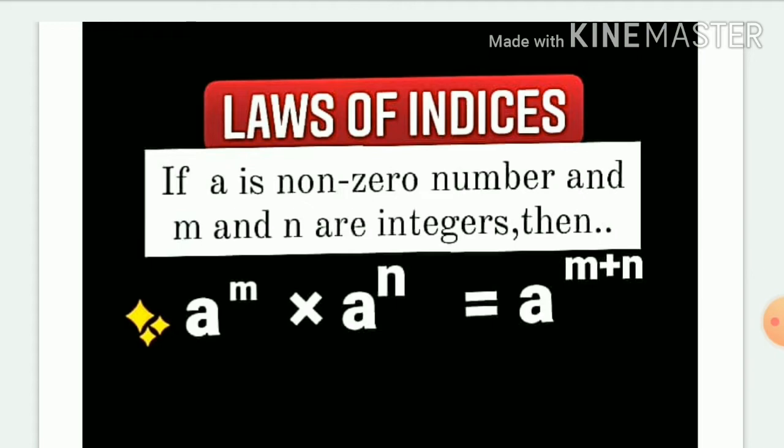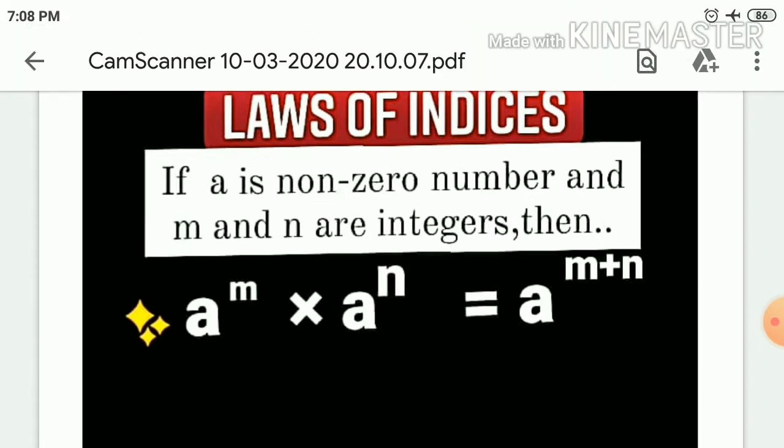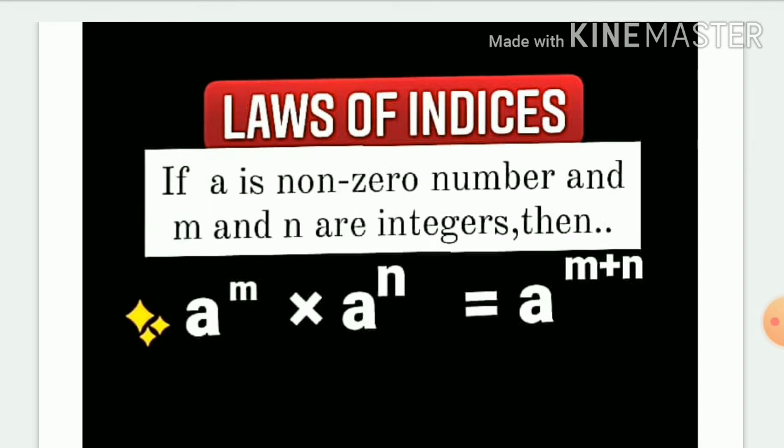Then what happens? A raised to M multiplied by A raised to N. You know what the base and the index are. Here you can see two same bases are multiplied with different indices.